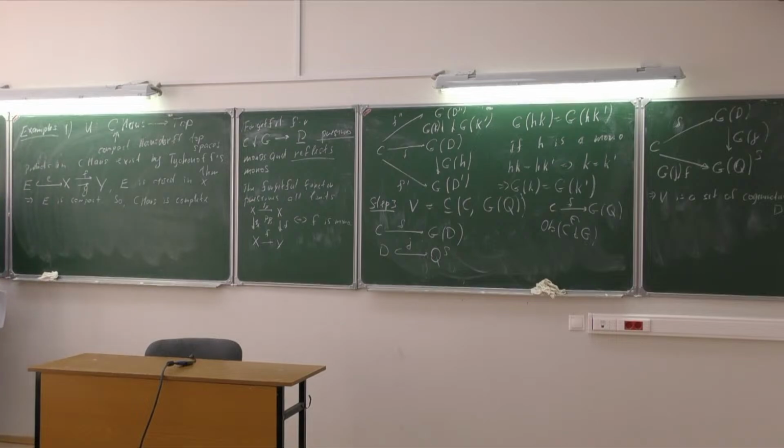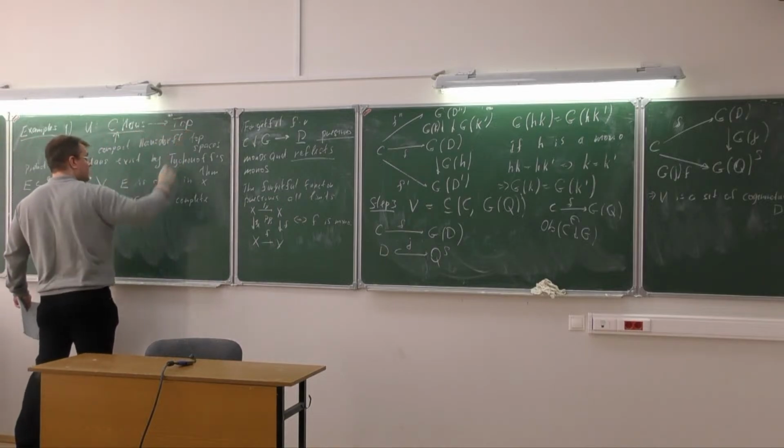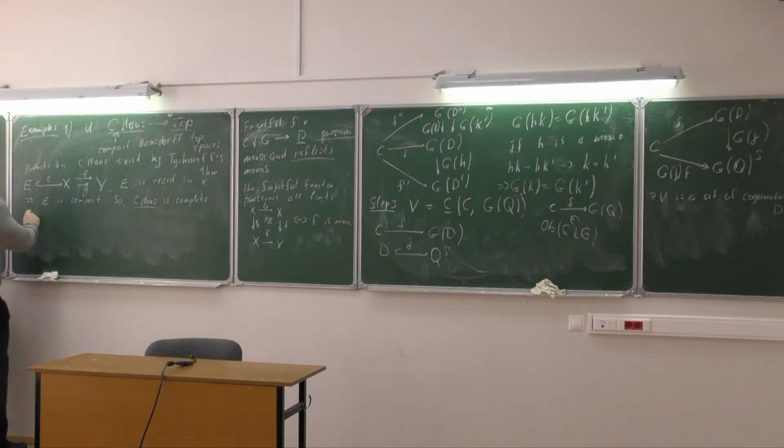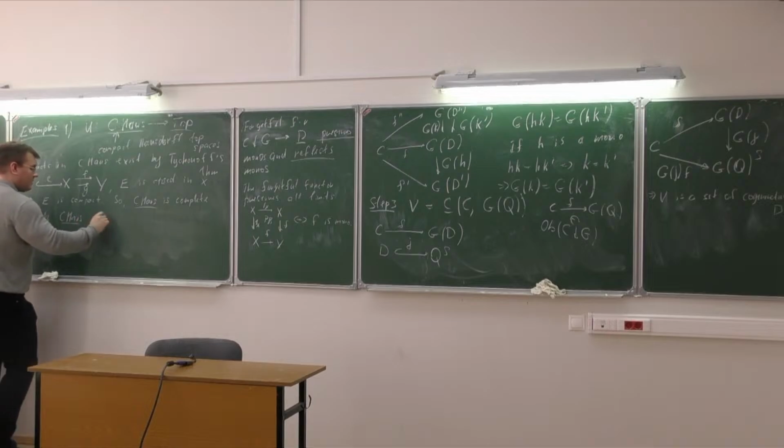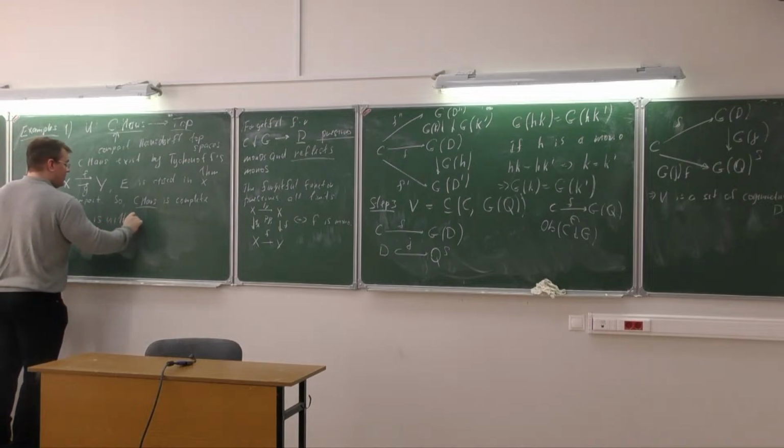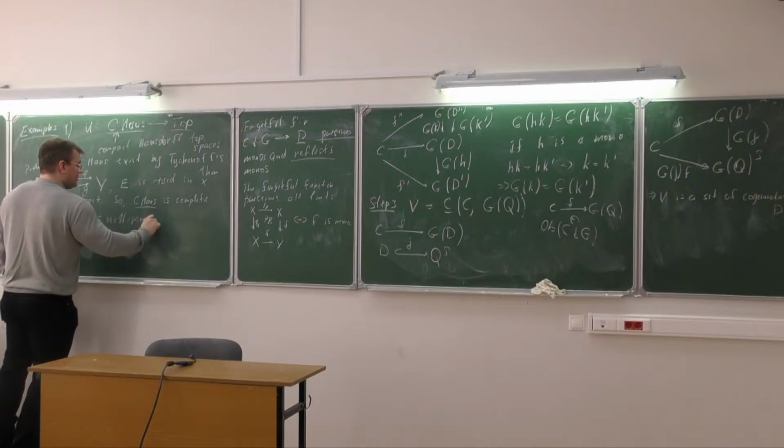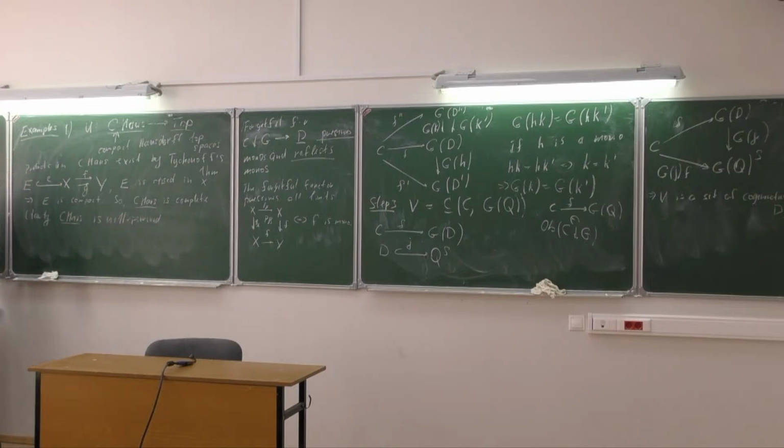Well, clearly this is well powered, so I need to maybe underline this. So clearly CHaus is well powered. Okay, so what about the cogenerator? Is it always the case that E is closed?